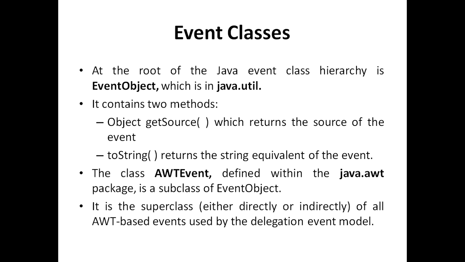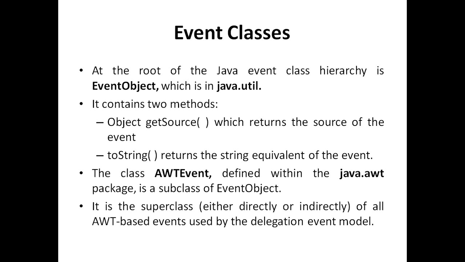So next we'll see event classes. As we have already studied, what exactly is an event: pressing a button, clicking a mouse, or entering characters via the keyboard. These all are events. So there are predefined classes which we can use in a program to make use of that event.